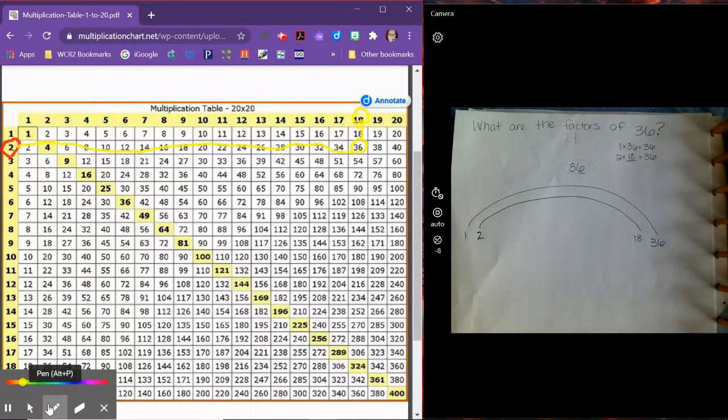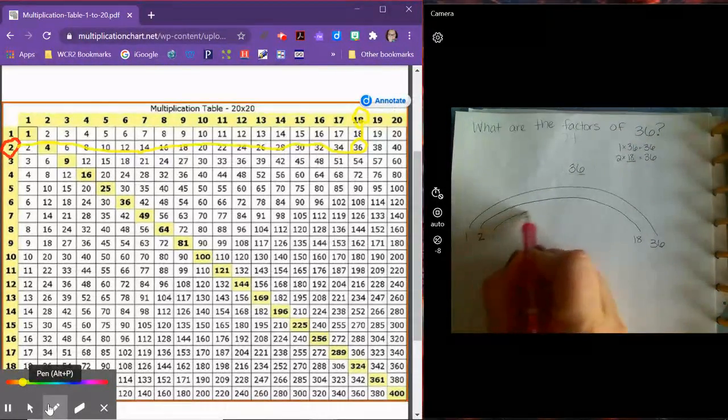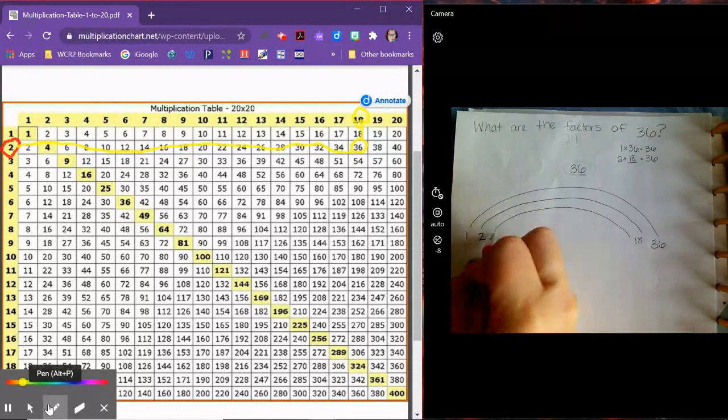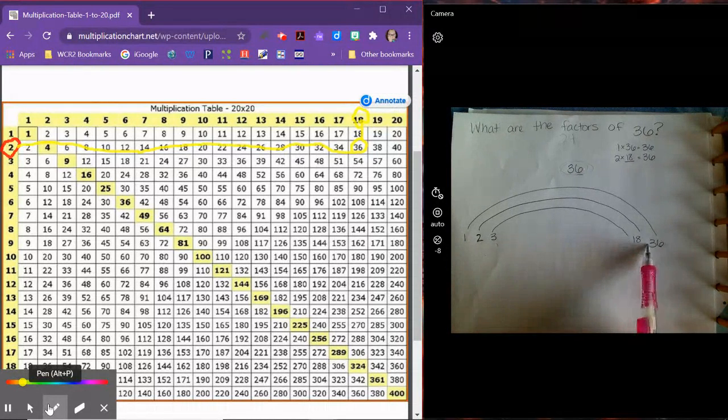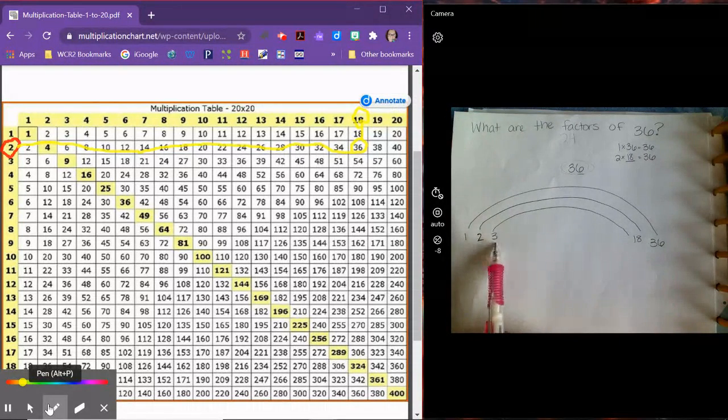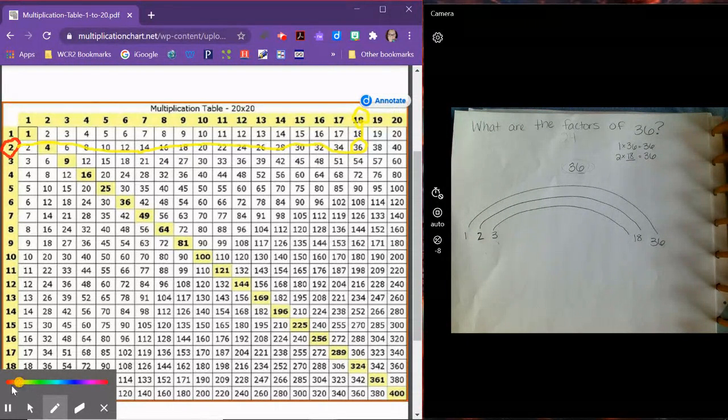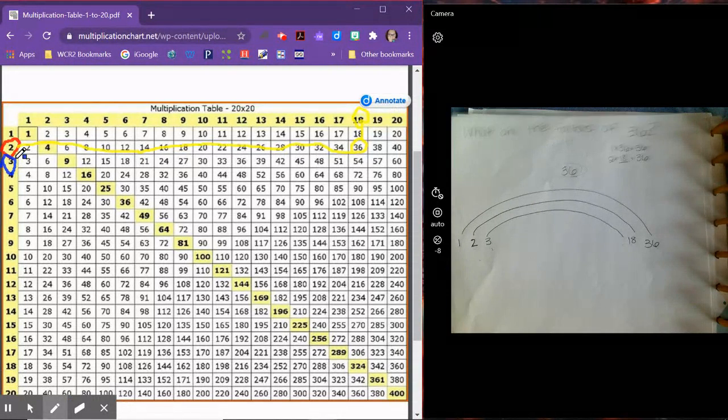All right, then I'm going to draw my next line, and I'm going to say, okay, let's find out if 3 is a factor. So notice how I'm going in order over here, and then whatever it's multiplied by goes over here. So let's see if 3 is a factor. So I'm going to go to my 3. Going to go down to 3 now along the left side.